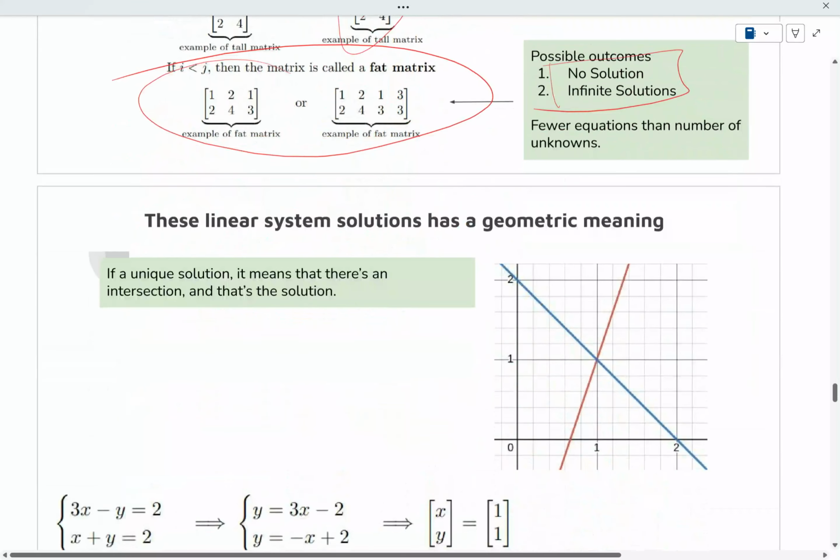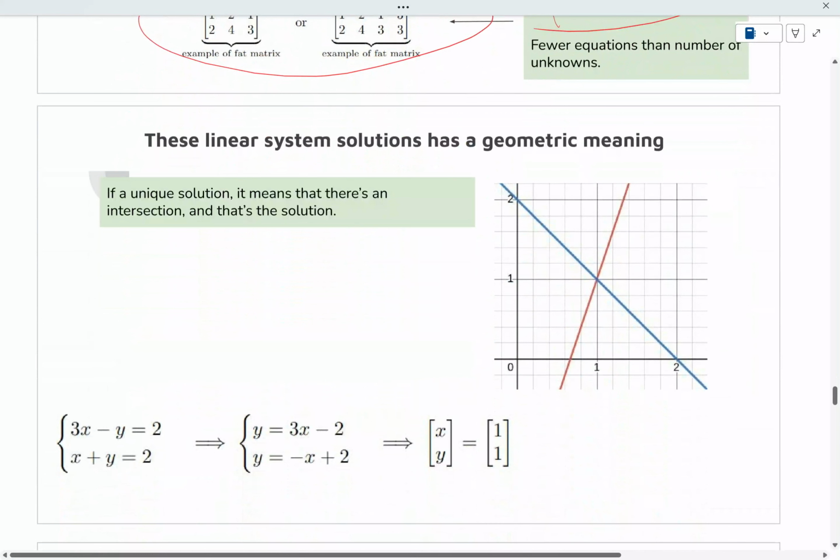Now, when we solve a linear system, there's a geometric logic to the solution. If you think about it, what is this really? Well, it's ultimately just a line. This is the equation of a line, and this is the equation of another line.